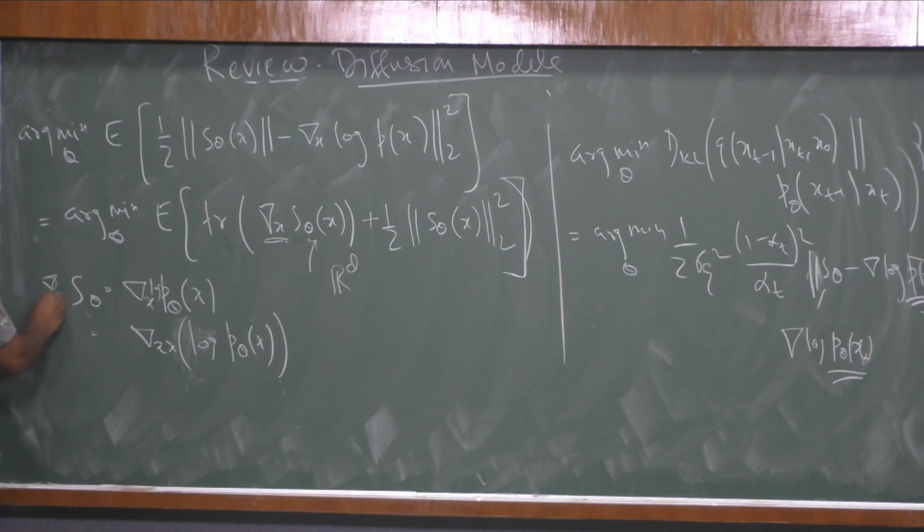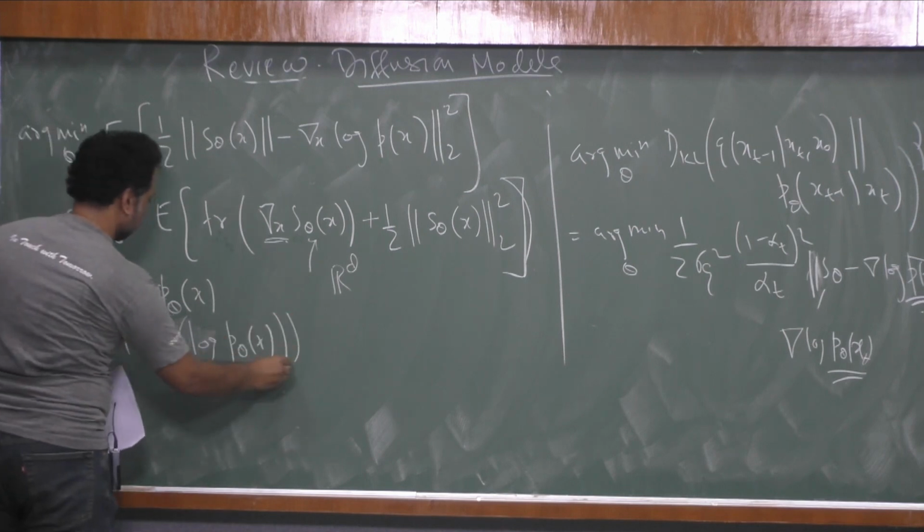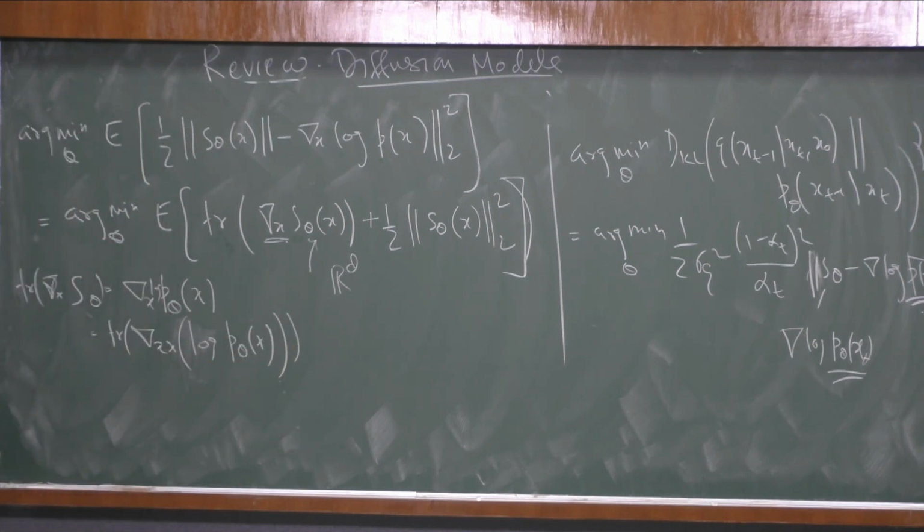So this is grad_x s_theta, and then I'm supposed to take a trace of this. The authors noticed that computing this is expensive because it requires a double derivative, in the sense that we will do a backprop, because this is a neural network here.